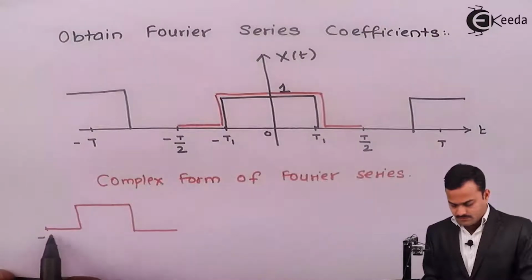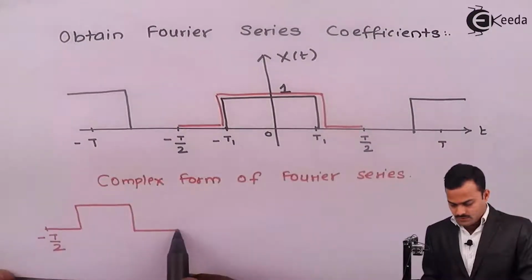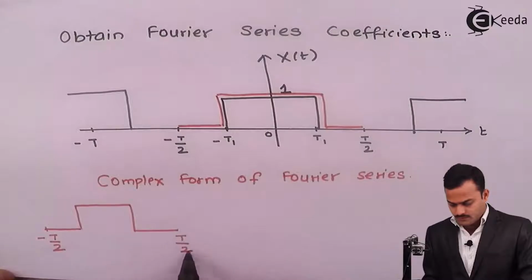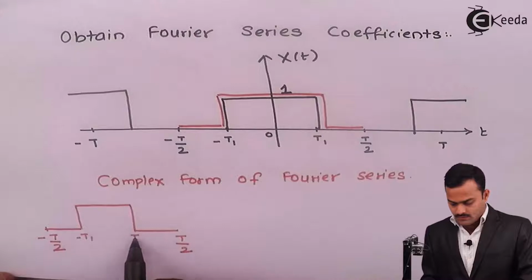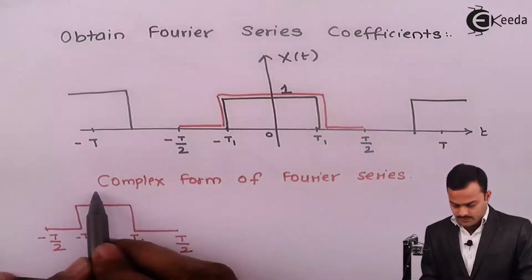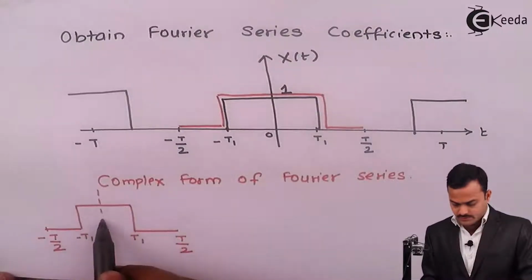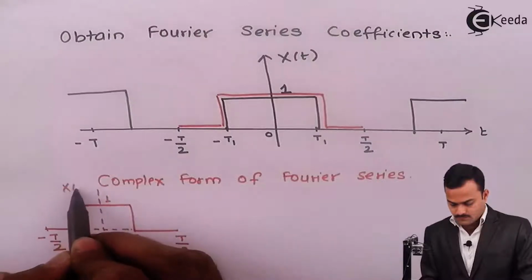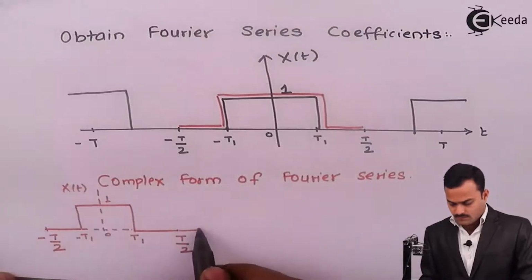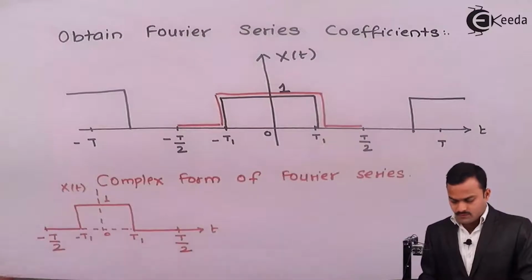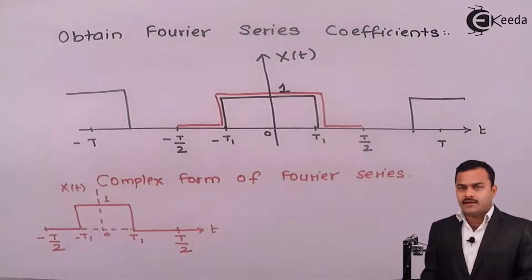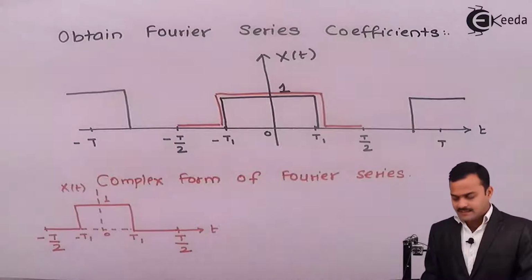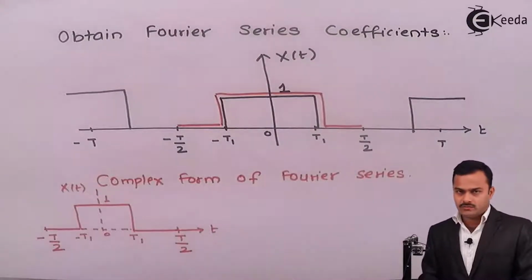Here it is minus T by 2, and this is plus T by 2, and this is some constant minus T1 and T1, and over here we are having the origin. Drawing a separate cycle is very much essential, because from that cycle we can write an equation of the waveform.